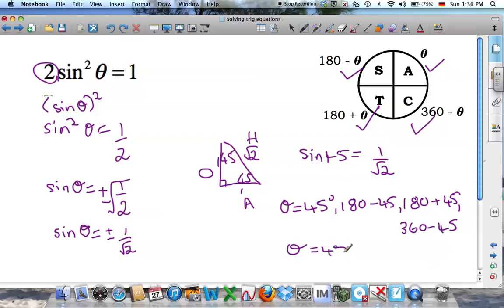So I have 45 degrees, 180 minus 45 is 135 degrees, 180 plus 45 is 225 degrees, and 360 minus 45 is 315 degrees. So hopefully that's all clear for you, and good luck.